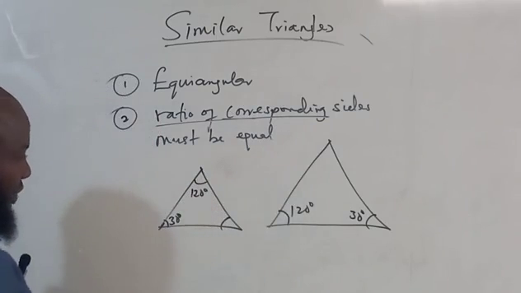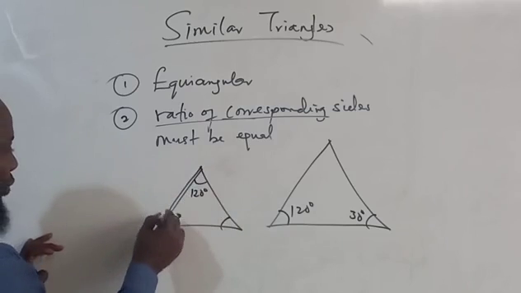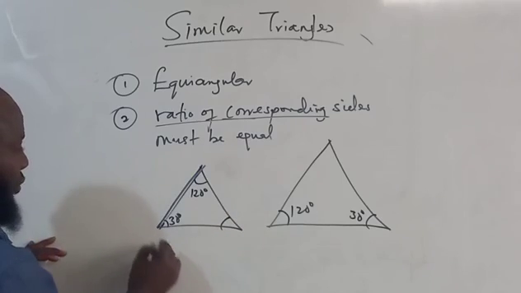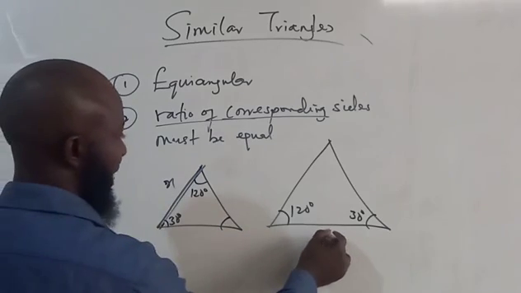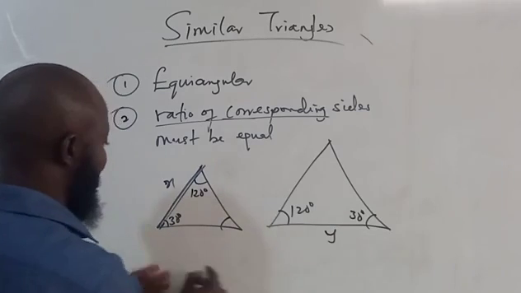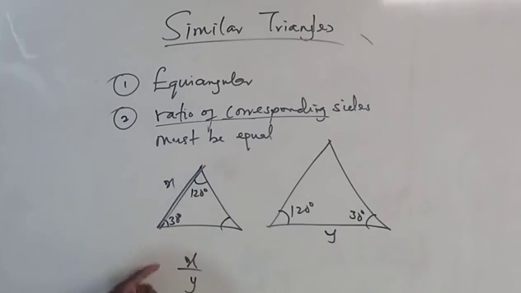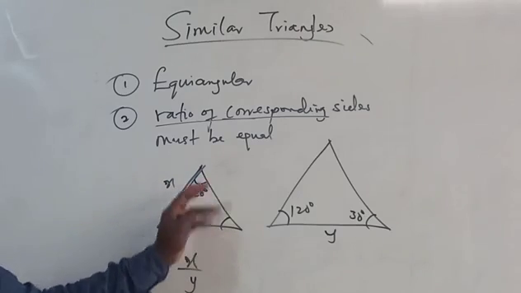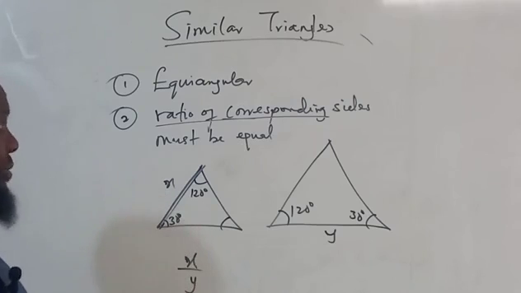So ratio, as you have known before, is when you have this side, let's say this is x, and it corresponds to this side. We're still going to explain that in detail. Let's say it corresponds to this one, y. So the ratio will be x over y. This is the ratio. So the ratio of this other side to this side must also be equal to this. We will explain that later.